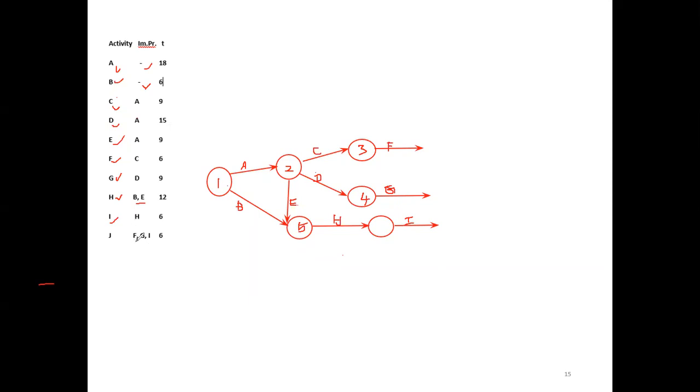Now here F, G and I, the immediate predecessor activities, all finish together at the same time. Only when F, G and I finish may J start. So we have to connect all these activities together.